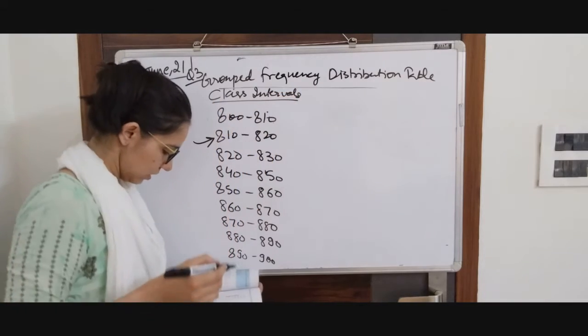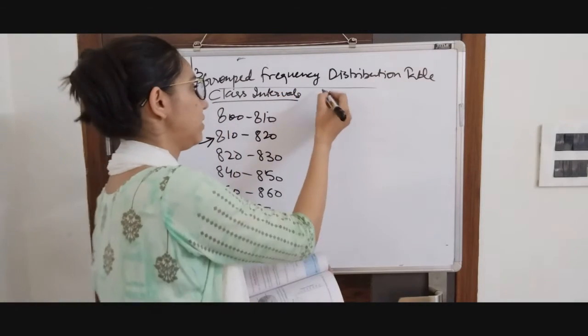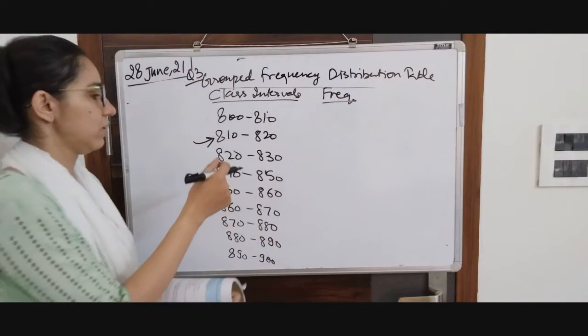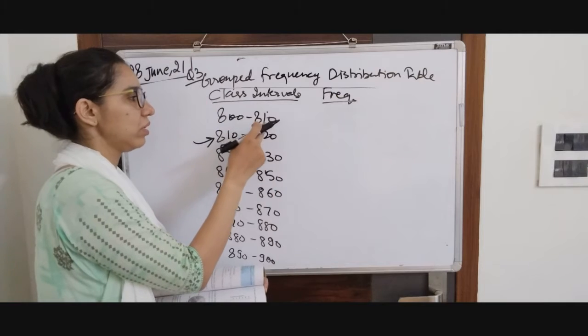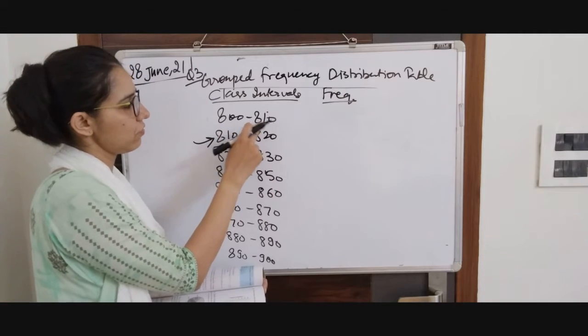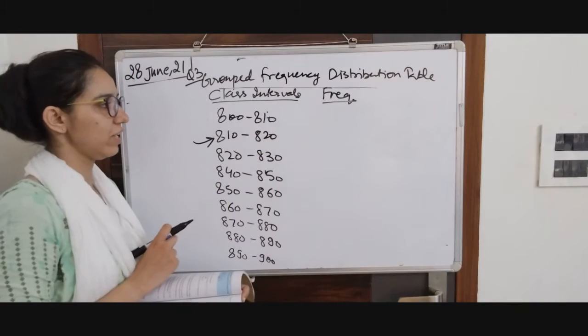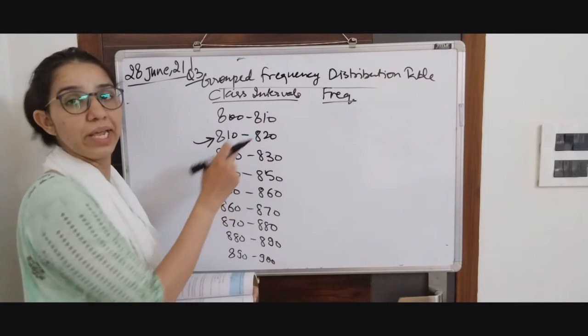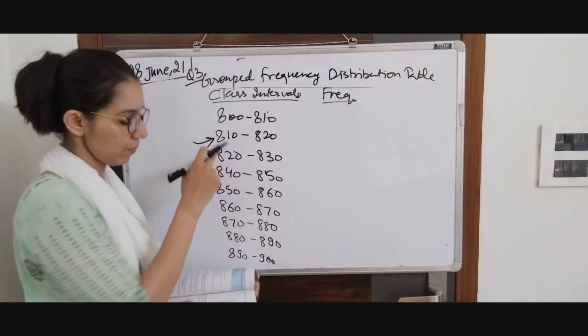Next we have to write the frequency. For frequency we will count all the numbers which are between 800 and 810. 800 will be included in this group, but not 810. 810 will be included here.